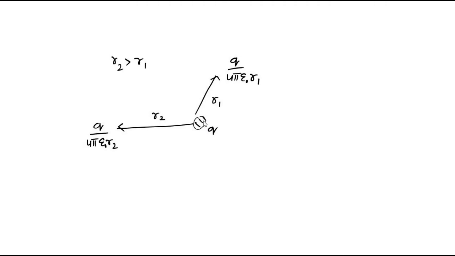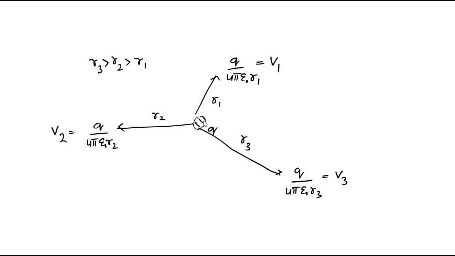Similarly, at a distance of r3, it will be q by 4 pi epsilon 0 r3 and so on. So r3 is greater than r2 and r1. Let's say we call these potentials V1, V2, and V3.